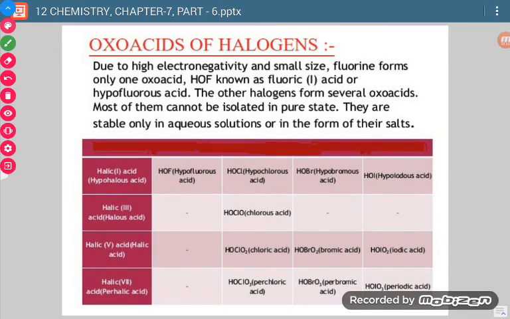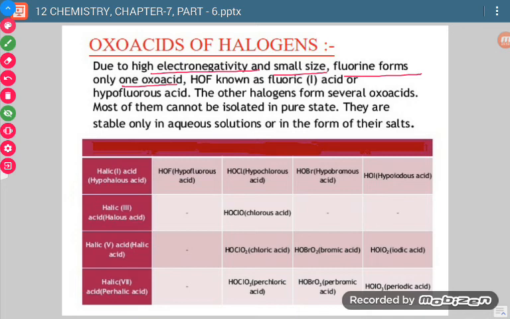Now next is oxyacids of halogens, oxyacid or oxoacids. Now see, due to high electronegativity and small size, fluorine forms only one oxoacid, and others they will form different oxoacids. Okay, so why fluorine forms only one?